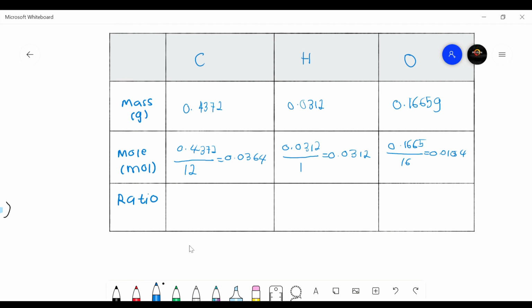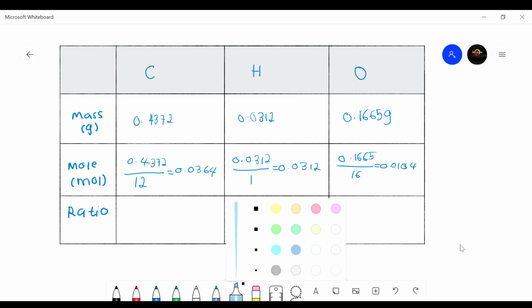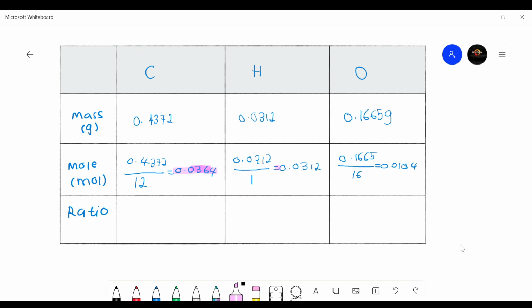So how are we going to find the simplest ratio? First, we need to identify which mole is the smallest. Of course the mole of oxygen is the smallest value amongst these three.